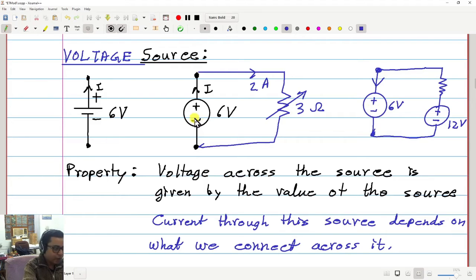So current through a voltage source can flow in any direction and can have any magnitude, but the value of the voltage is always fixed or given by the value of the source. That's why these are called voltage sources, and these are the symbols.